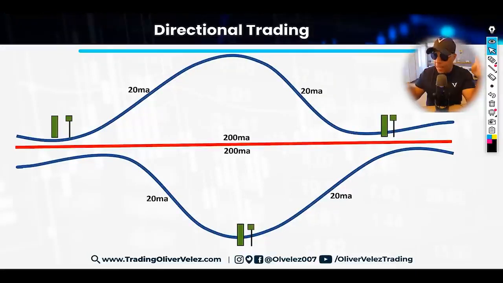In your narrow state, if you get an elephant or a tail bar that forms anywhere above the narrow state, now, these can be touching a little bit, it doesn't matter, but as long as they're above the narrow state, above the 20, above the 200, if you get any of these two bars forming there, your direction is very high probability up from here, up from there, up from there.